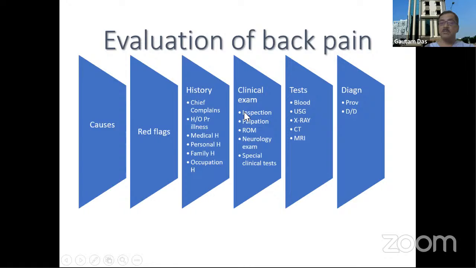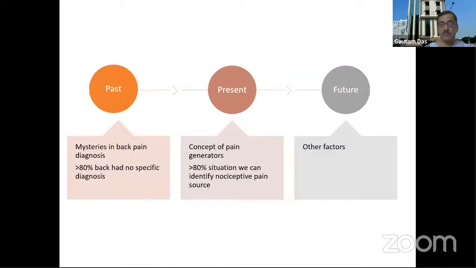Then start the clinical examinations: inspection, palpation, range of movement, neurological examination, and special clinical tests. Then come the tests, and then the diagnosis, provisional and differential diagnosis. And the last step, which is not mentioned here, is the diagnostic interventions. So this is one of the very important slides.